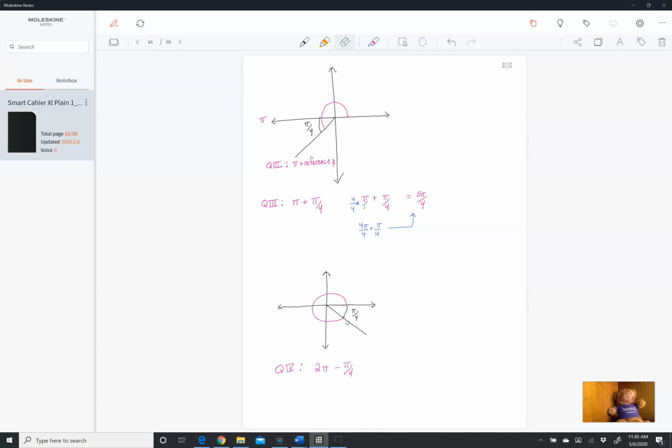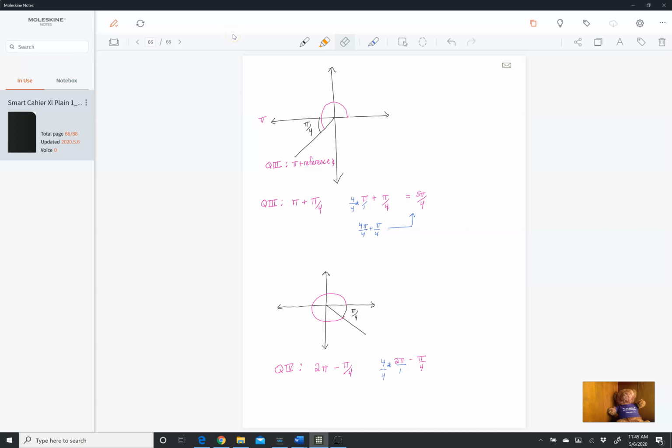So how does that happen? It happens in the same way that it did over here. Okay. 2 pi is really 2 pi over 1. So we need a common denominator.